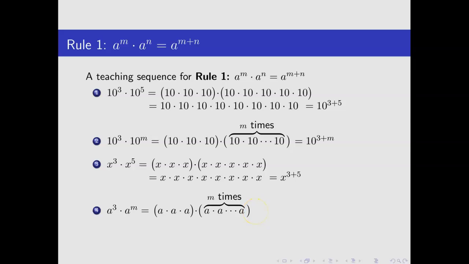And then how many a's does it give us being multiplied together? That is a to the 3 plus m, again, the 3 from here, the m from here. And then our final abstraction step here, we have a to the n times a to the m, which will be equal to a to the n plus m.